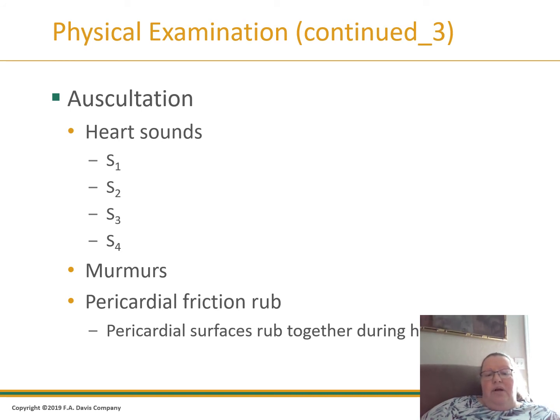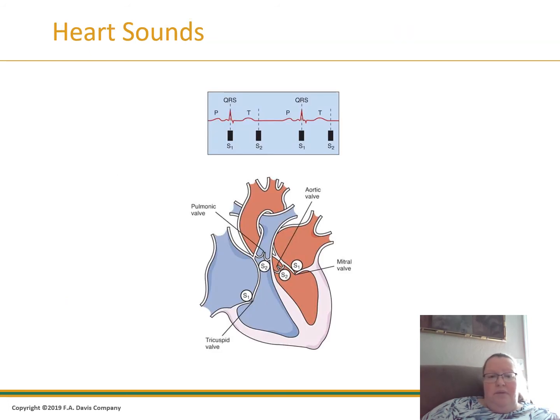Pericardial friction rub. It means the pericardial surfaces are rubbing together during the heartbeat, and that's usually a bad sign because the pericardial sac is what keeps us from having that friction rub. And if we hear that, that means something's wrong. It could be infected, it could be inflamed, something's going on.